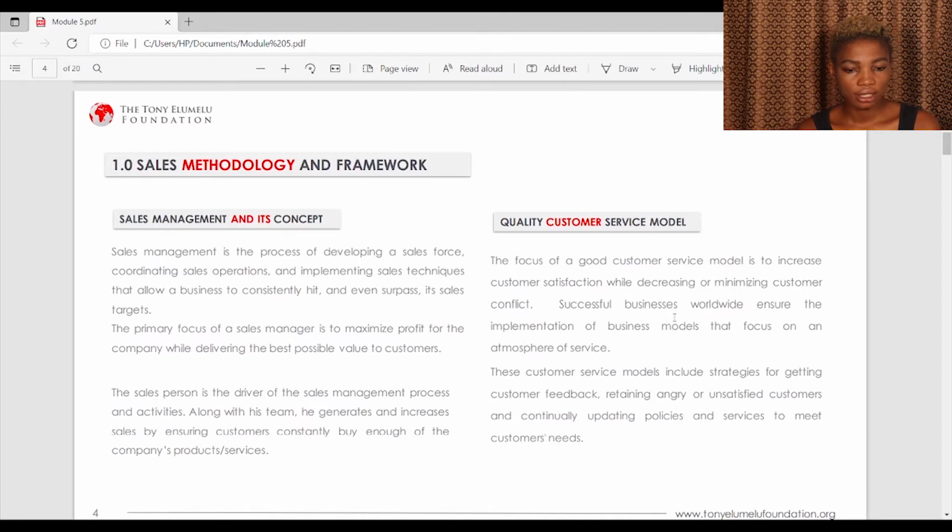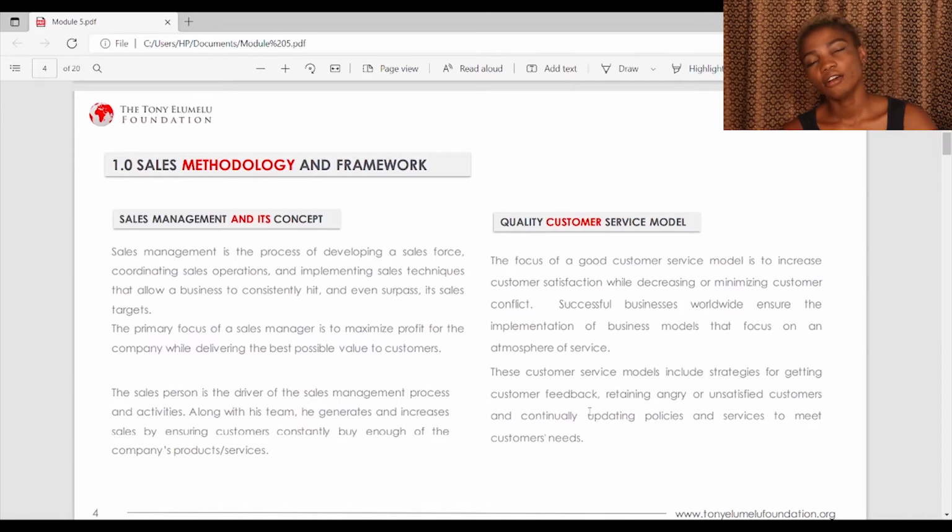Successful businesses worldwide implement a business model that focuses on the atmosphere of service. This customer service model includes strategies of getting customer feedback, retaining angry or unsatisfied customers, and continually updating policies and services to meet customers' needs.